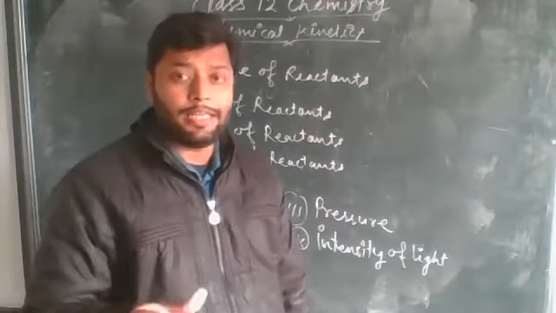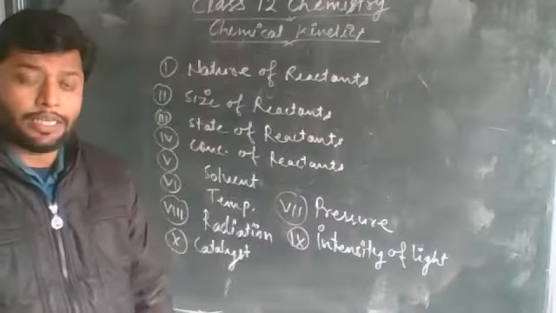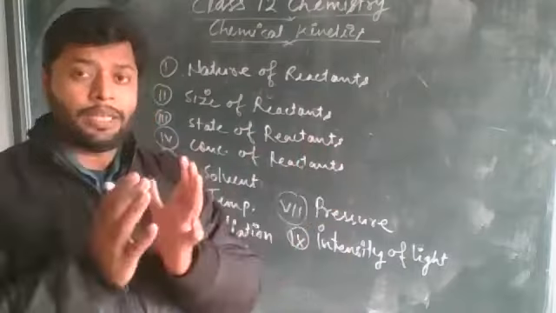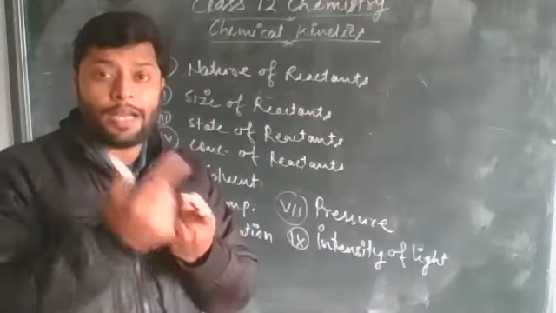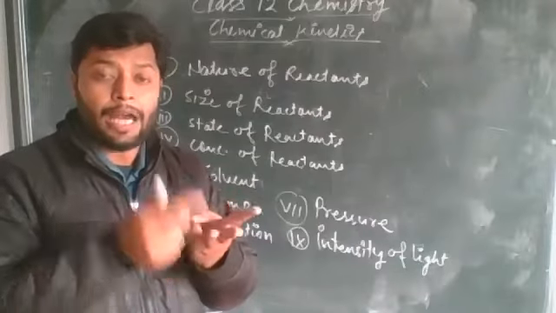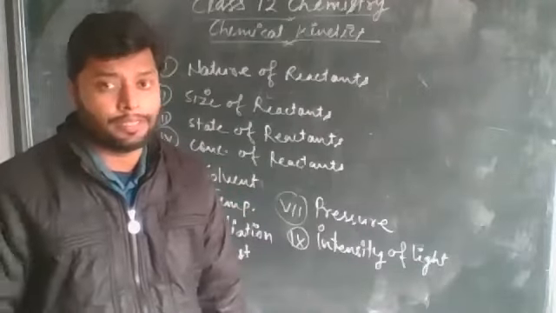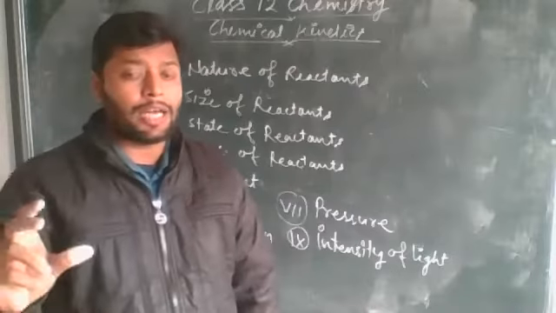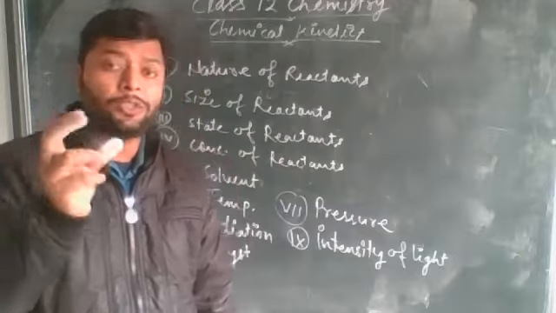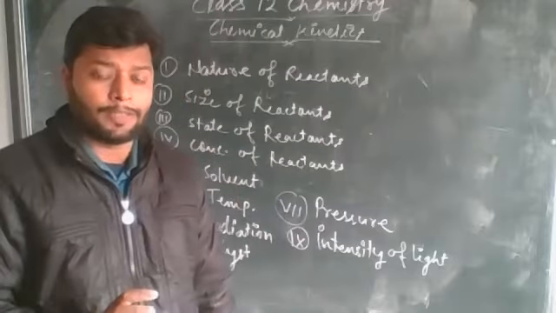Solvent: the reactants are generally combined together in the liquid phase, in which there will be water, acid, base, or any polar or non-polar solvent. It is believed that if the covalent molecules are polar, it will be easier to break their bonds in a polar solvent.